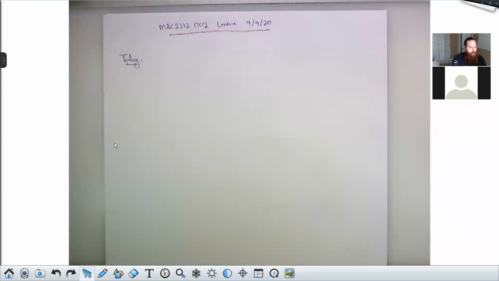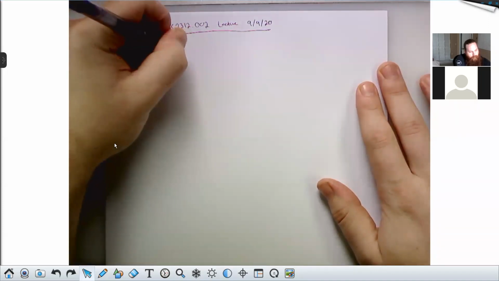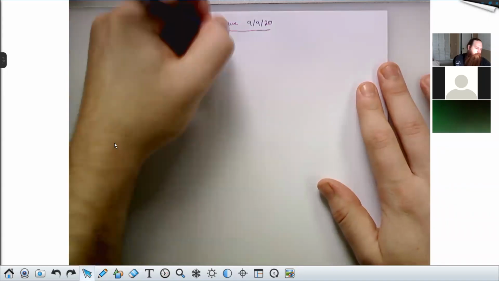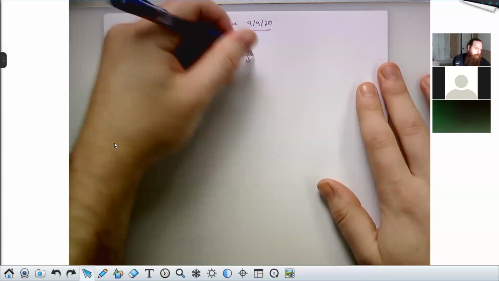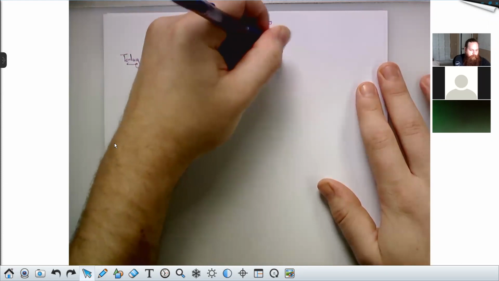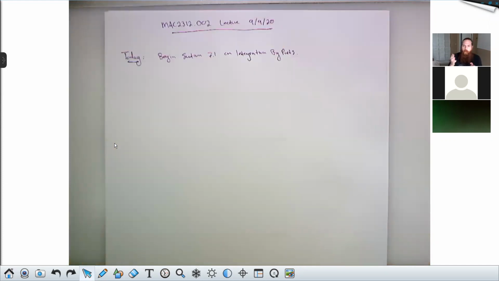So, today we're going to begin section 7.1 on integration by parts. This is sort of the beginning of the real meat of the class.